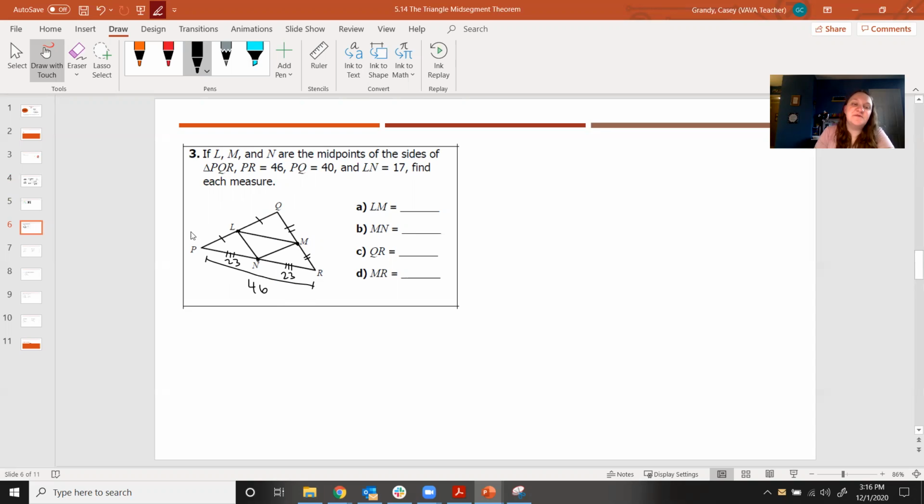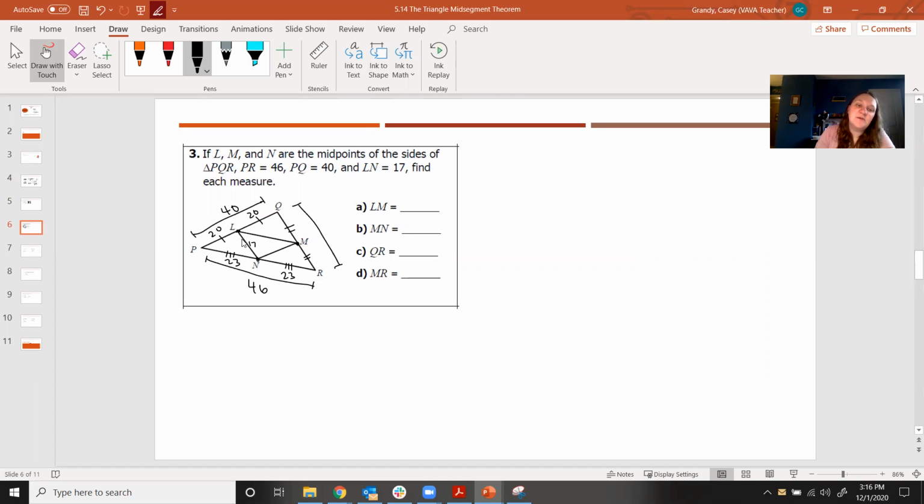It says that PQ is 40. So now I can find the length of PL and QL. Take 40 divided by 2, that'll give you each of those pieces. And the last part says LN is 17. So here's 17. Okay. That will help me determine what the length of QR is.